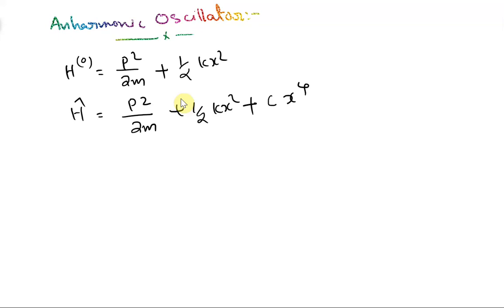So what we have done is nothing but added a new component to this potential term. Whatever factor is coming, I'm not bothering about that. That is nothing but the c. So this is something that we have to find out. It is the problem that we are interested to solve, and I write it as equation number 1.